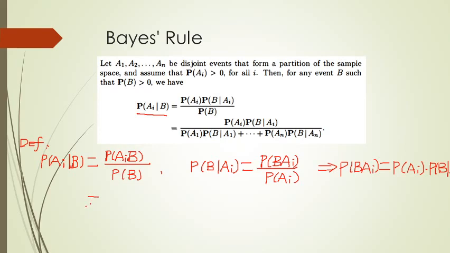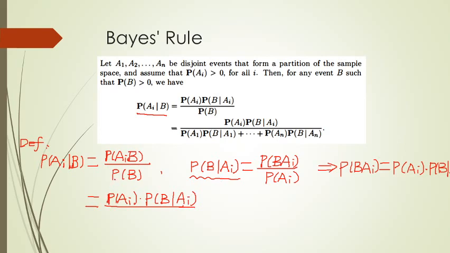This conditional probability we are familiar with from the total probability theory, and the other conditional one is a new one. So the probability of AI intersect B will be the probability of AI times the conditional probability of event B given AI. Be careful, those two conditional probabilities are different.